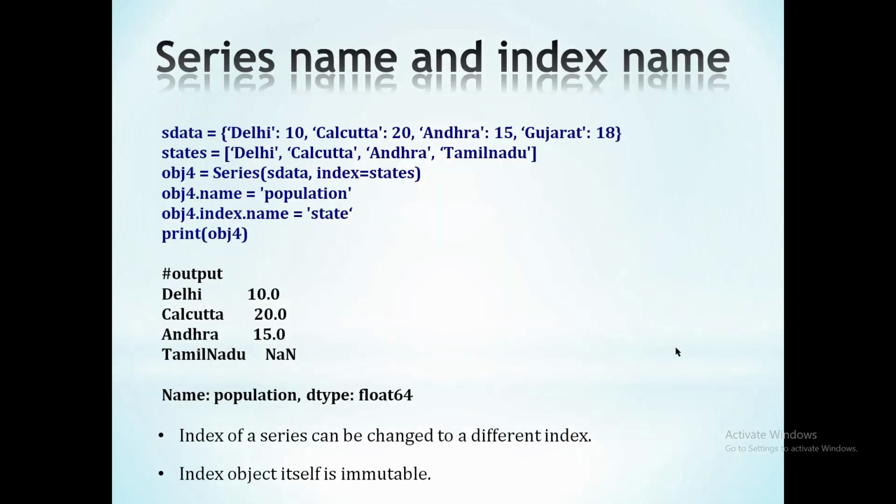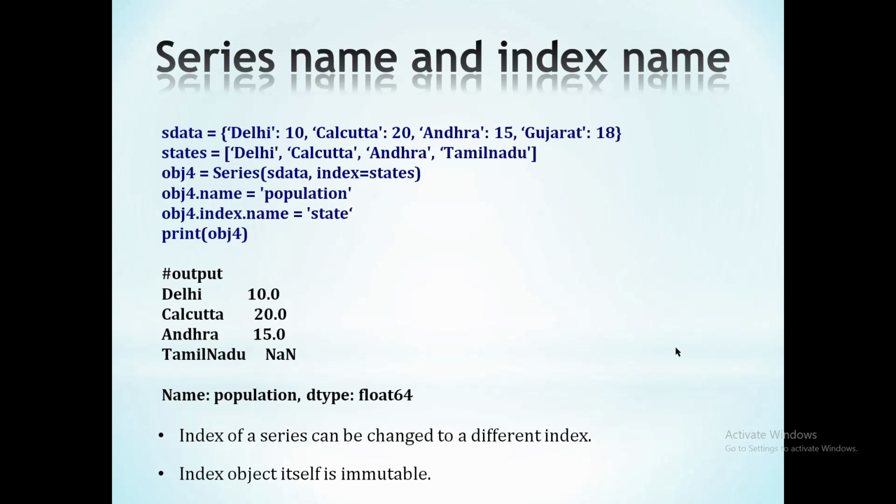The same thing we are repeating here, in which we give the name population to the object. The S data will hold the data and the states will hold the index, which is a list, and S data is a dictionary.